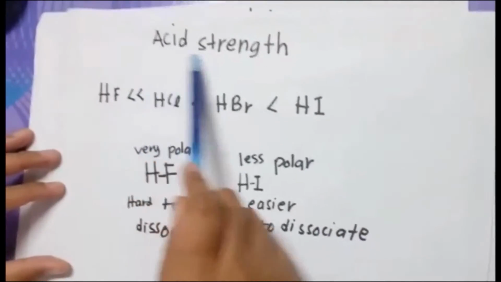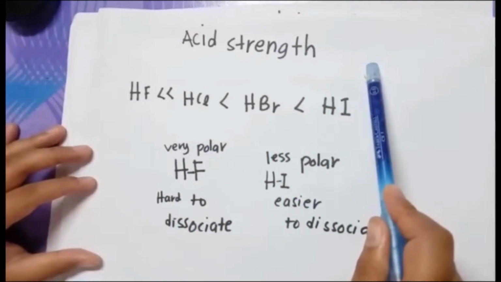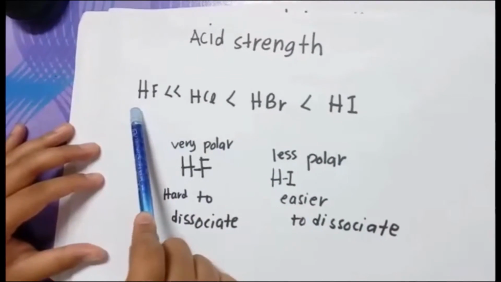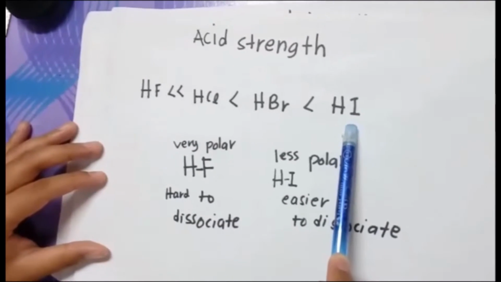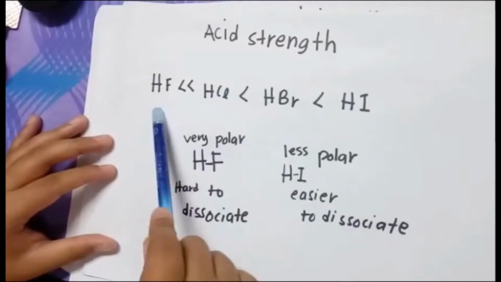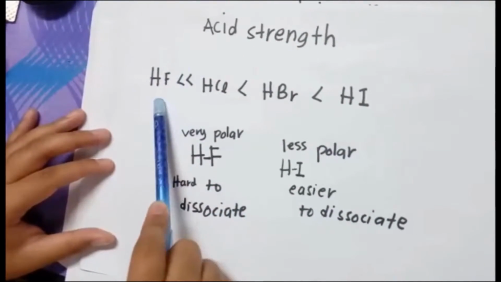For the acid strength in the halogen group, by going down the group, the acid strength will increase, and you will notice that hydrogen fluoride is the weakest acid.